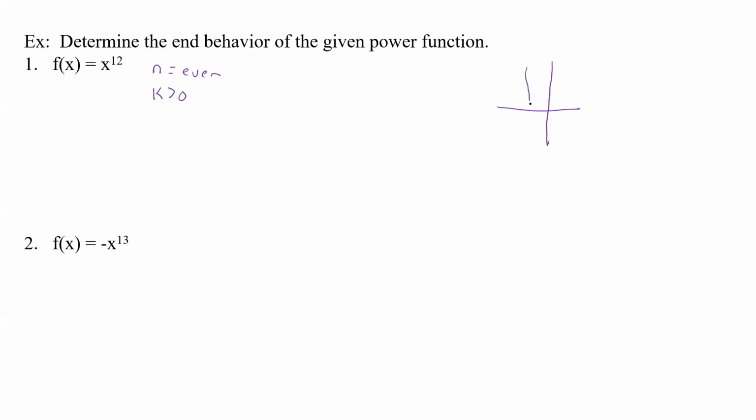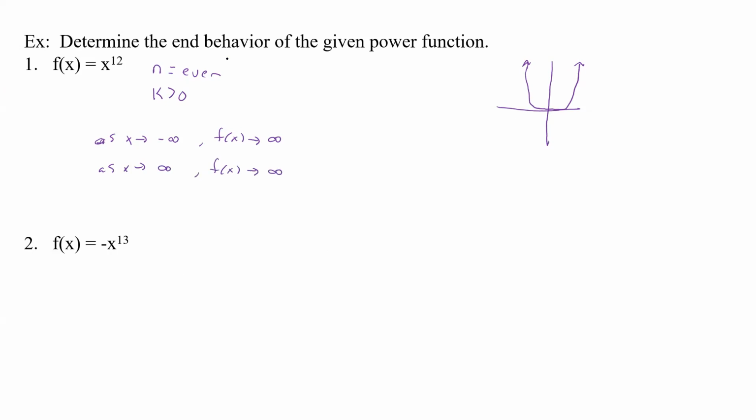So that means it's going to be some flat thing that goes up here, and up here. So as x approaches negative infinity, f of x is going to approach positive infinity, because as we go this way, it's going to go up. And as x approaches positive infinity, f of x is also going to approach positive infinity.